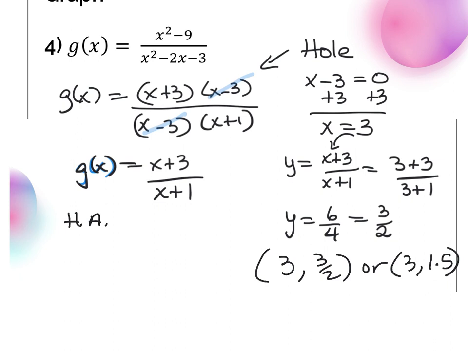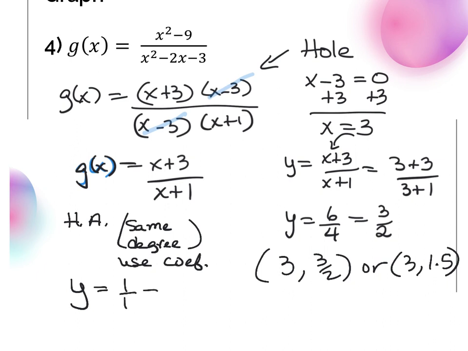The degree of the numerator is the same as the degree of the denominator. So we have same degrees. They're both to the second power. So this is where we're going to use coefficients. So y equals 1 over 1, which gives me a horizontal asymptote of y equals 1. So this is my horizontal, y equals 1.